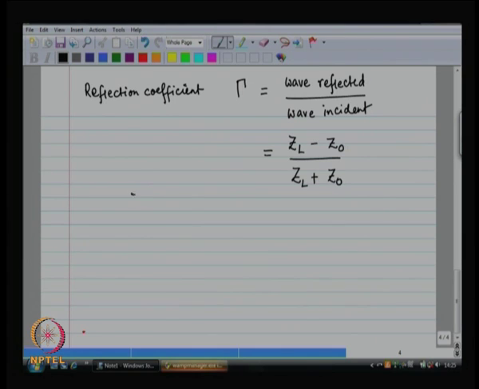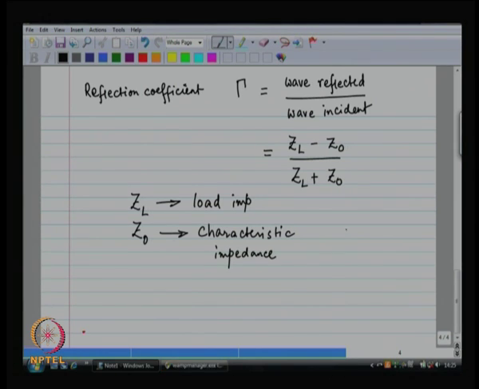Here ZL of course is the load impedance, Z naught is the characteristic impedance of the transmission medium. Okay.